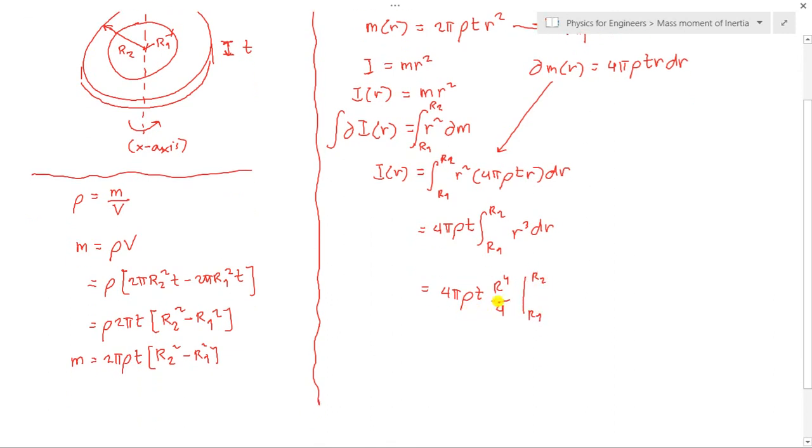The 4s cancel out, so we have pi rho t times r2 to the fourth minus r1 to the fourth.